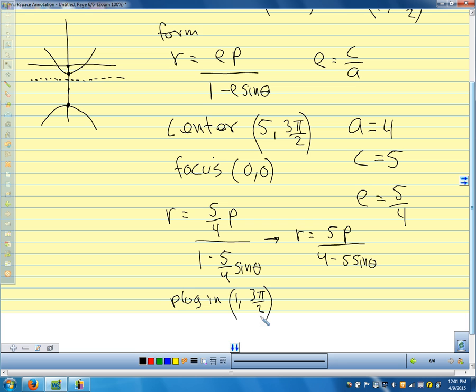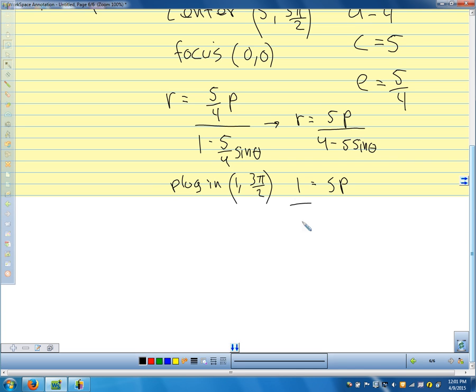Just like we've done in the past when we had an x and a y, and we plug that into the equation to solve for something we need. So we get 1 equals 5p over 4 minus 5 sine 3 pi over 2.